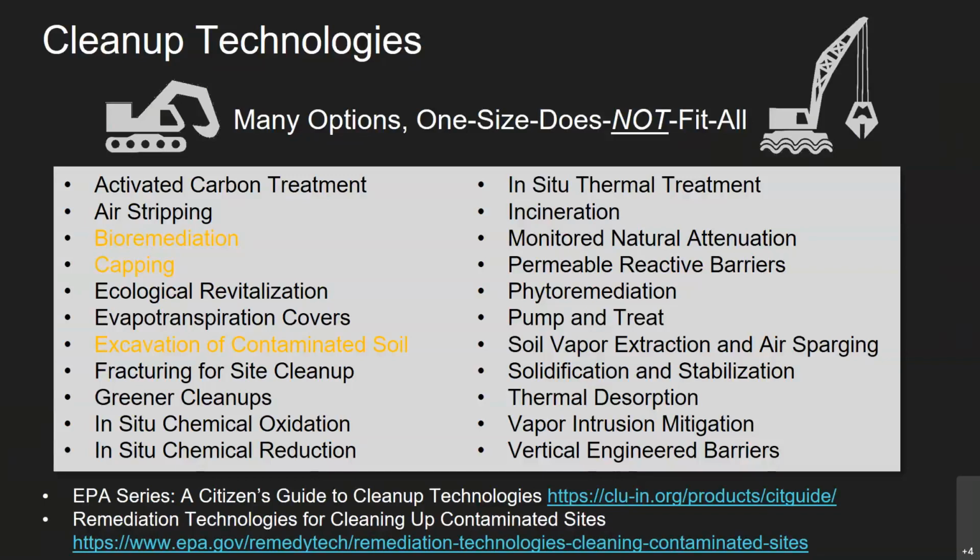Things that are highlighted here, which may not be totally visible for everyone, are three of the bullet points: bioremediation, capping, and excavation of contaminated soil or sediment. In our examples, we'll be able to cover some of these things and see what they look like in real life around the Whatcom County area.